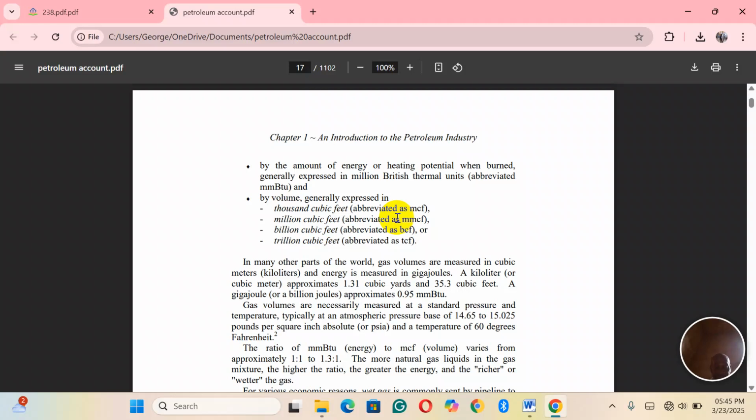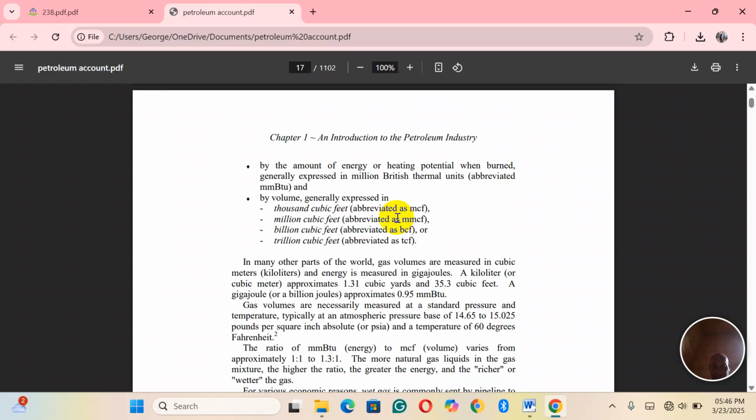In many other parts of the world, gas volume is measured in cubic meters or kiloliters, and energy is measured in gigajoules.